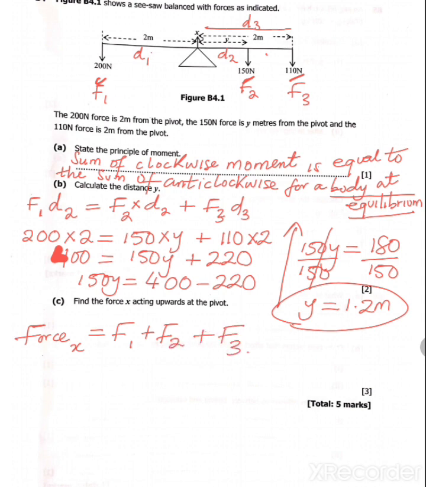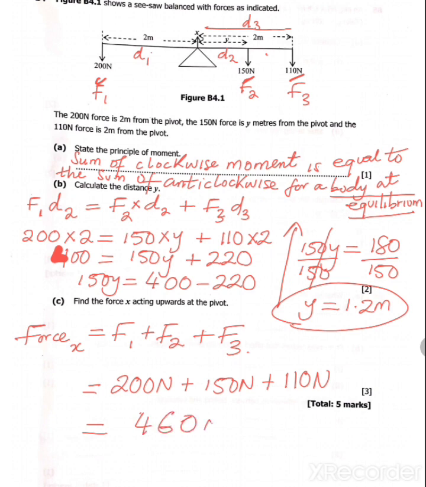So all these forces will act about the pivot X. This is going to give us 200 newtons plus 150 newtons plus 110 newtons. When we add all this, 350, 450, this will give us 460 newtons. Okay, so this is how this question can be solved.